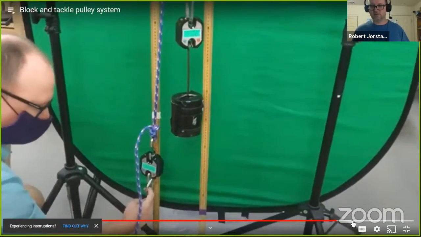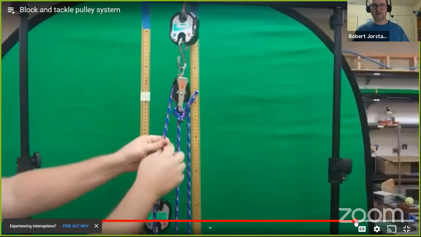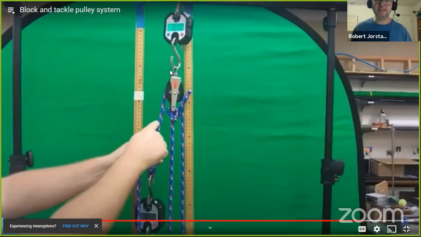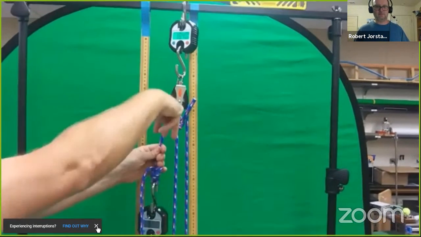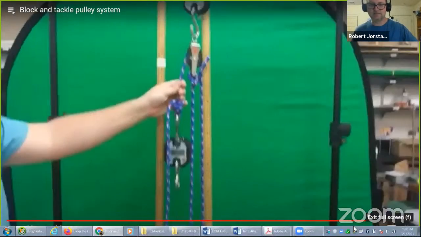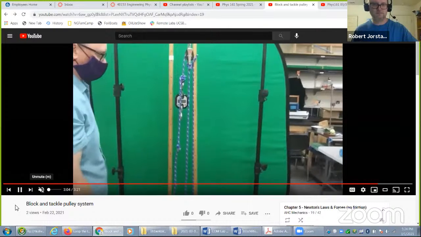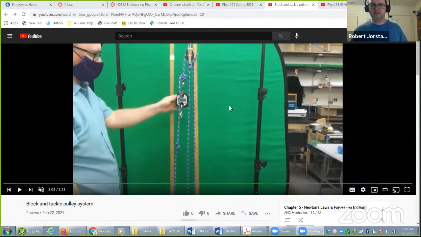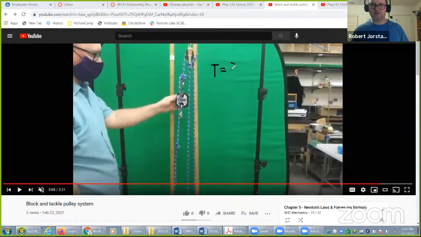Sorry, this is taking so long. We're almost there. And then up to the top, I don't know if you can read that number on top. It's 18. Okay. So in this case, do these numbers make sense? We expected the tension should be about 5.5 pounds. We're in units of pounds for this one.